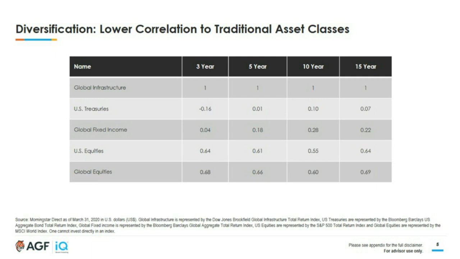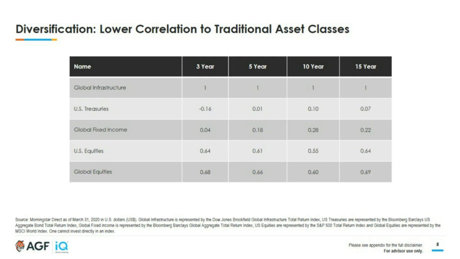So infrastructure can very much be a good equity diversifier for your core portfolio. But it can also do the same thing when you look at your fixed income, because bond yields are low, certainly government bonds, and if someone's using GICs or some other lower yielding product, there's the opportunity to add in a lower volatility equity such as infrastructure and take away from your fixed income.